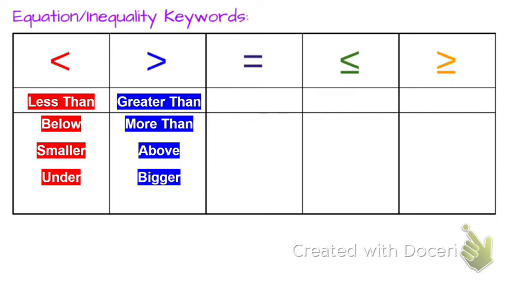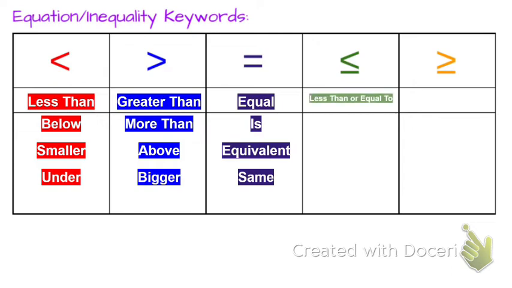In the middle, we have the equal sign. Keywords you would see for this one are equivalent, or same. Looking at the green one, this represents less than or equal to.